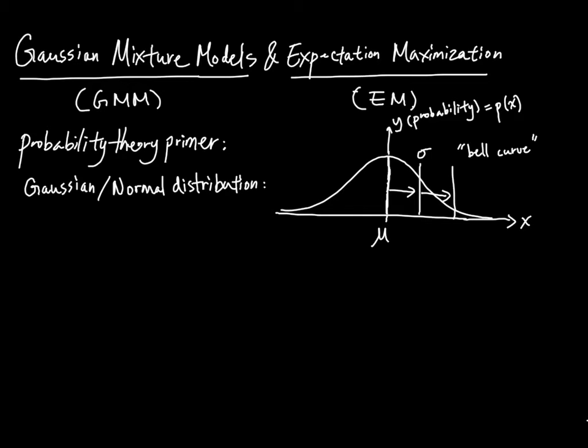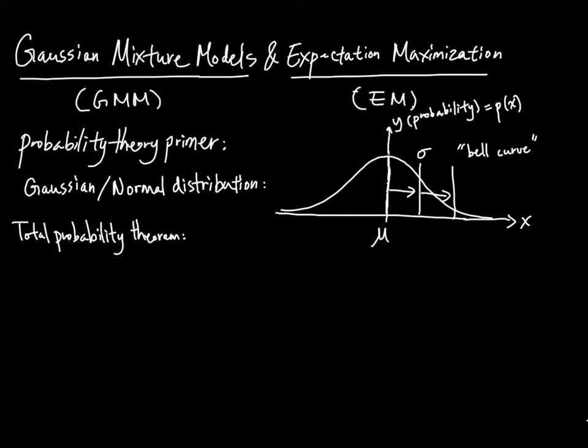Okay, this is a continuous distribution. So this is the total probability theorem. And this total probability theorem means that everything must sum up to 1, as in 100%, right?